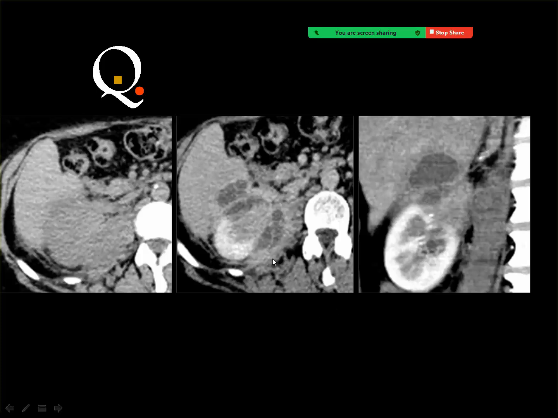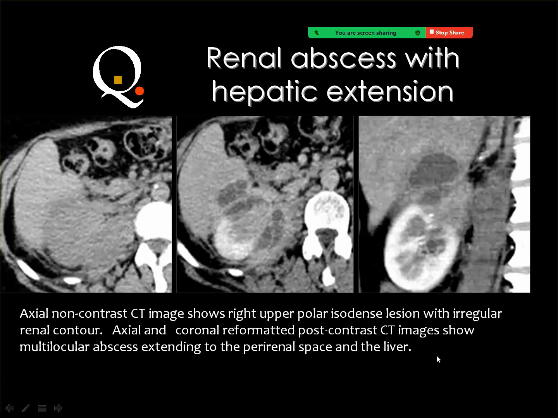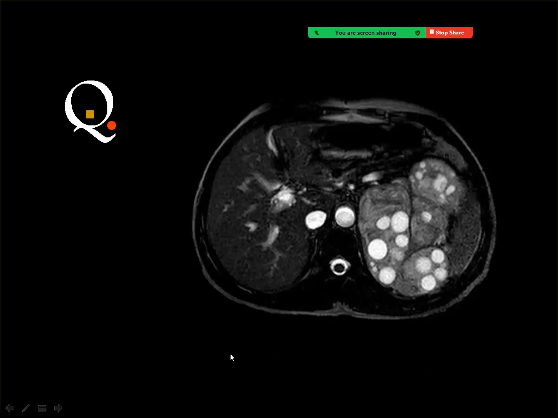Multilocular nephroma is a single cyst and it contains some internal septations, but this is definitely an inflammatory lesion. This is renal abscess with hepatic extension.